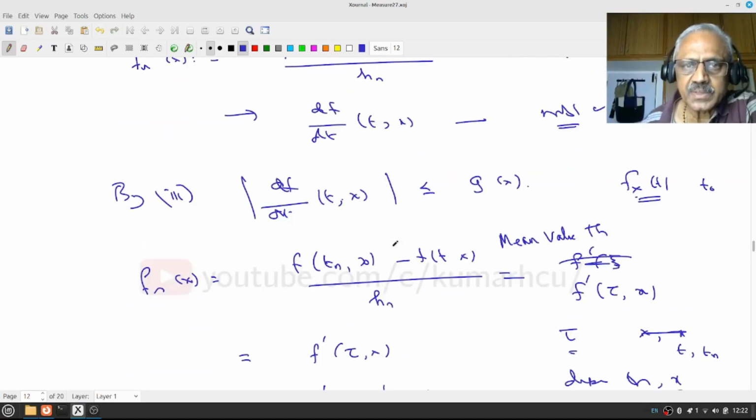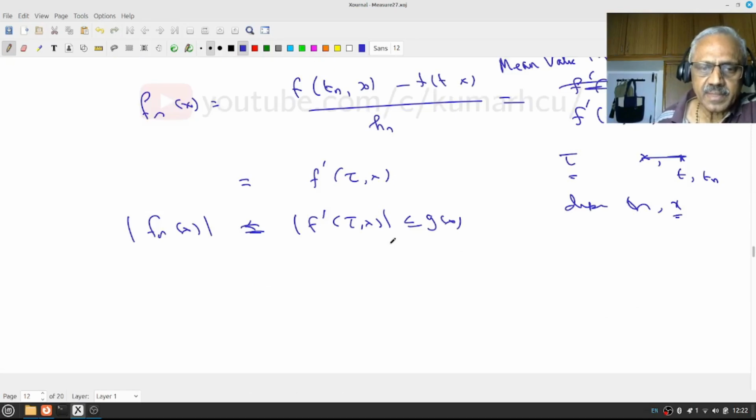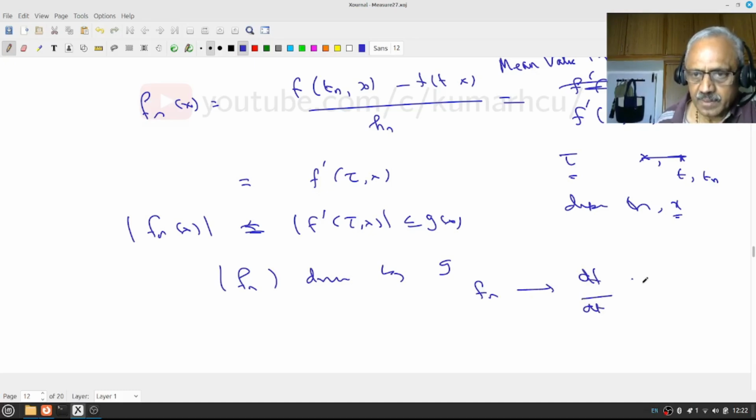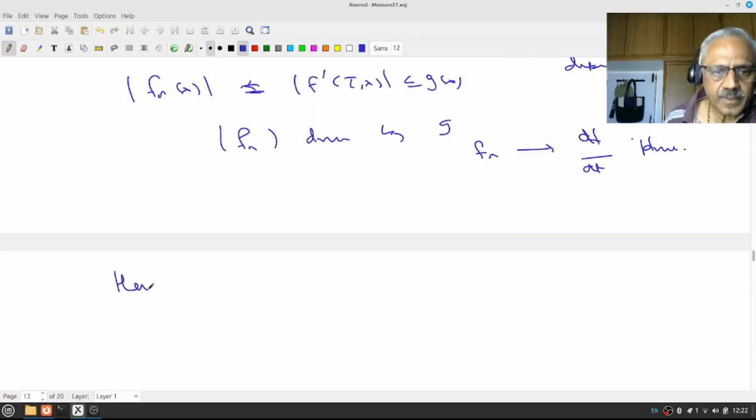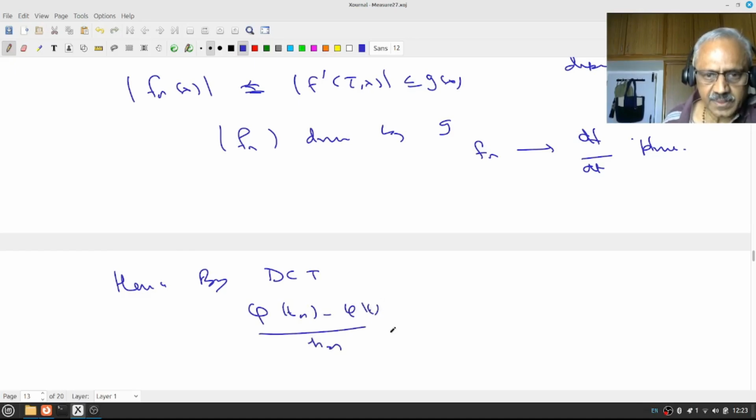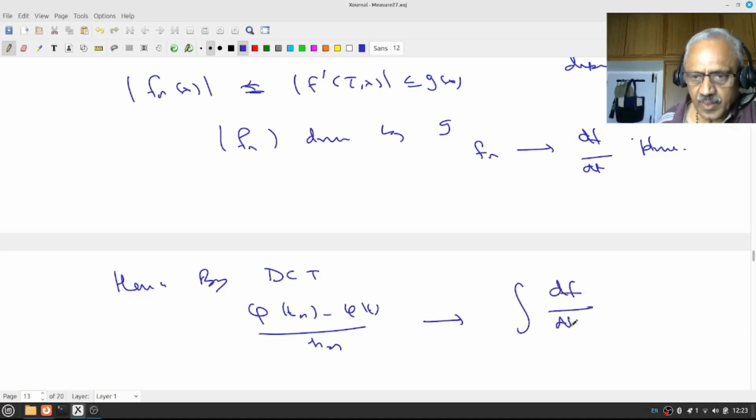Therefore, what I have shown is my fn's are dominated by g, and fn converges to df by dt pointwise. Hence by DCT we conclude that phi of tn minus phi of t by hn converges to the integral of df by dt at (t, x) d mu.